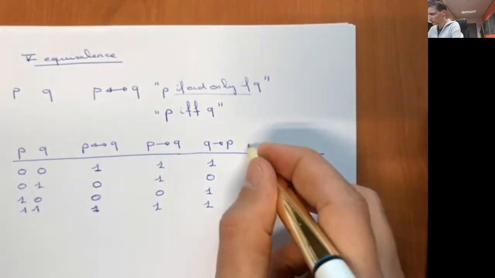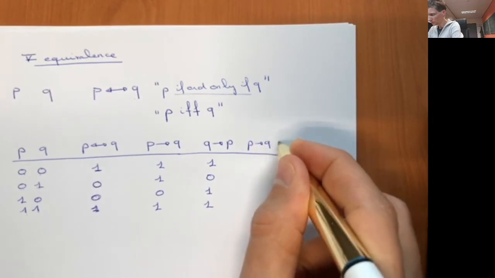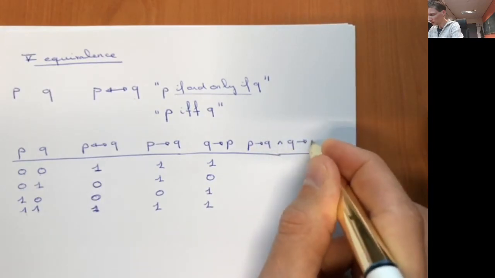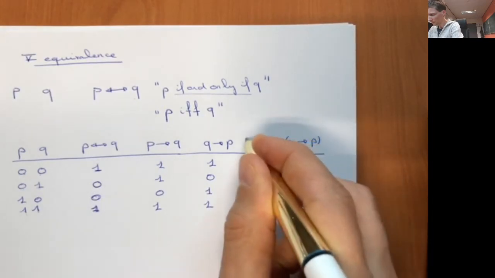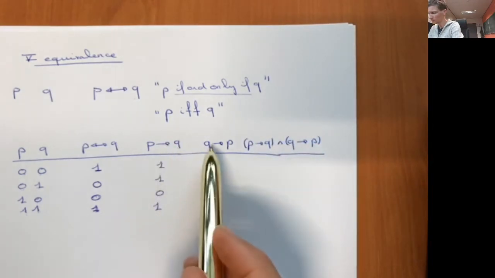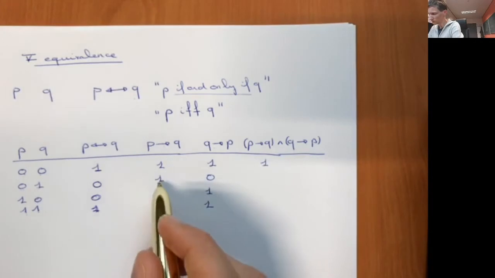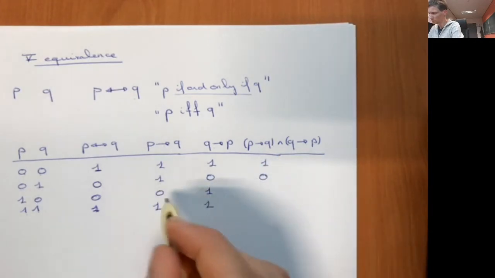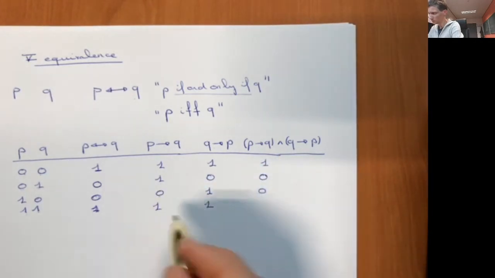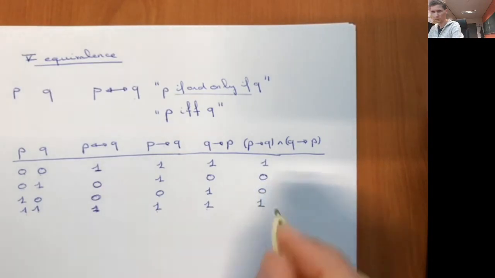So if we take P implies Q and Q implies P, so we take the AND of this formula and this formula, so 1 and 1 is 1, 1 and 0 is 0, 0 and 1 is 0, and 1 and 1 is 1.